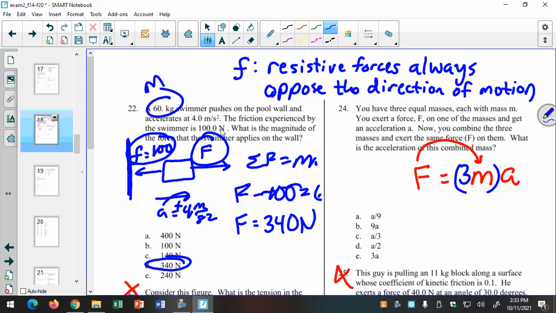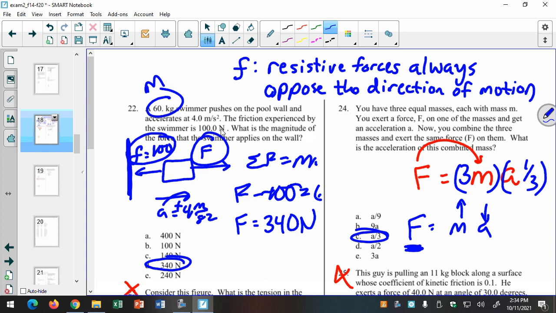Smaller. Right, so if I have F equals ma, if F remains constant and M goes up, A has to go down. It's a direct inverse relationship. If one goes up, the other goes down. And A has to go down by a factor of 3, so A is going to be 1/3 of its original value.